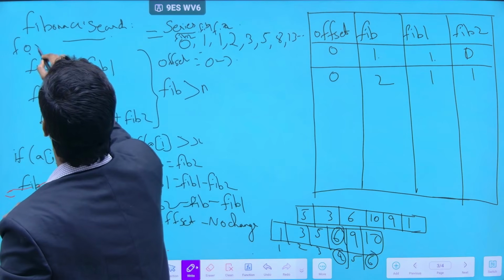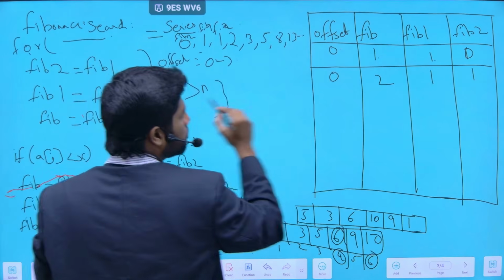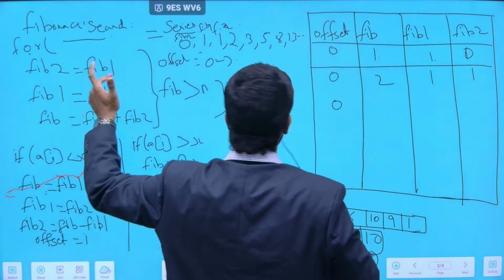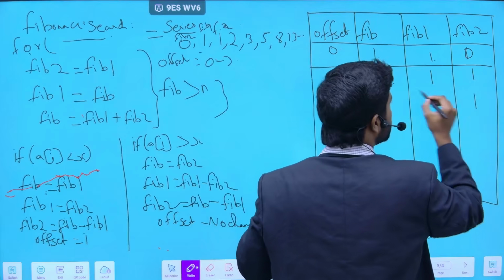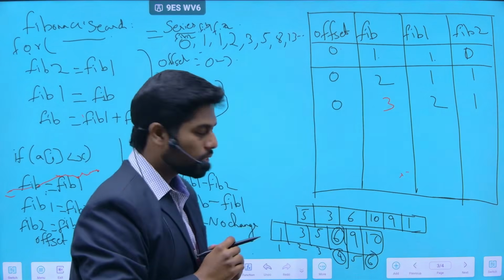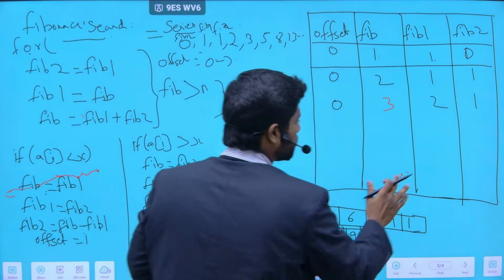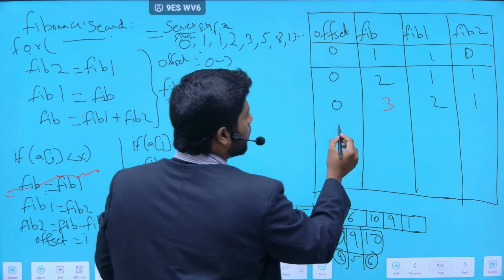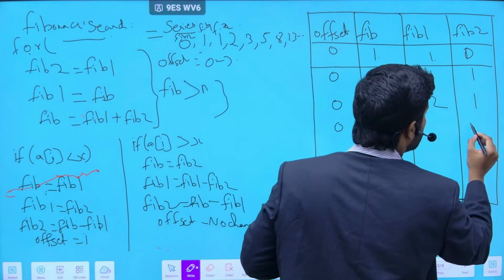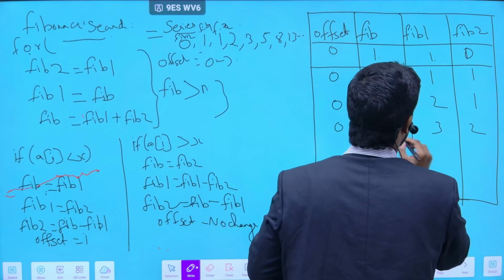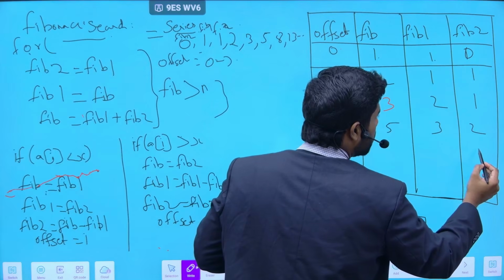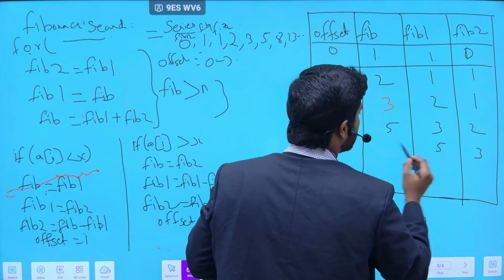For loop: offset 0. Next, fib 2 equal to fib 1, 1, then fib 2 plus fib 1, 3. Next, again offset 0, fib 2 is 2, fib 1 is 3, and fib is 5. Then 3, 5, 8.